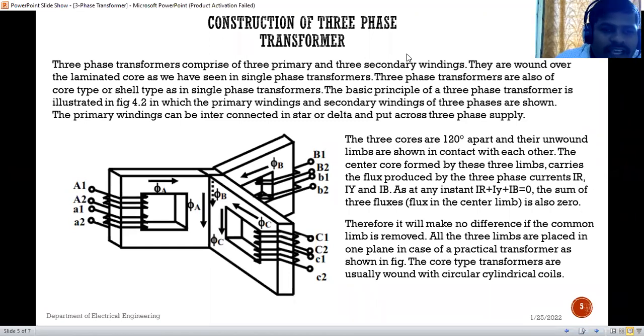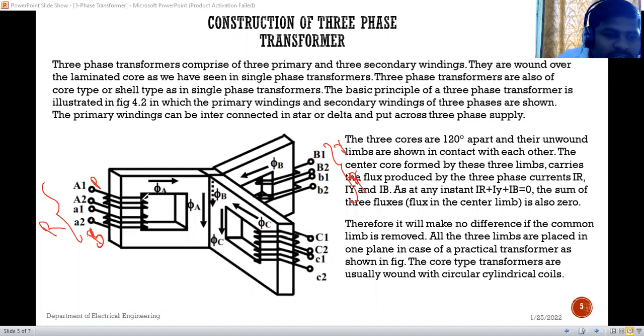See here, बघा core type transformer मध्ये, this is the primary winding A1 A2, primary winding of one phase, secondary winding of one phase. Suppose I represent here R phase. Then here it is primary winding of Y phase and the secondary winding of Y phase.